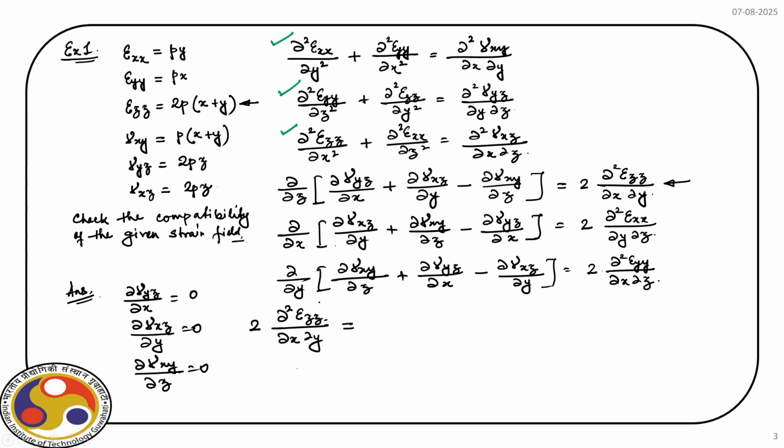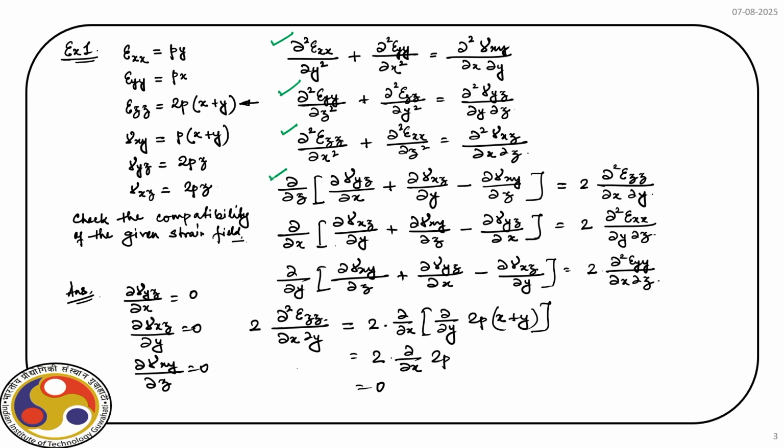So, we have 2 times dou x, then within the third bracket, if we open this bracket and differentiate with respect to y, we have twice p. So, this is equal to 0. That means the fourth equation was also satisfied.